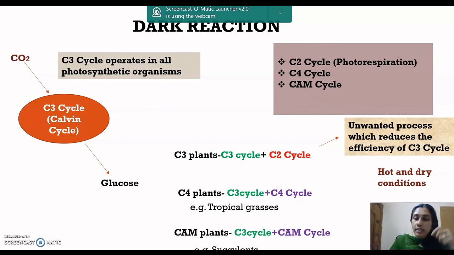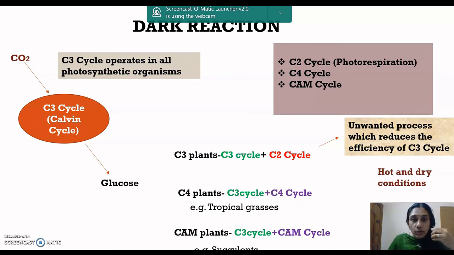So here a CAM cycle is operating along with C3 cycle as an adaptive cycle to increase the efficiency of C3 cycle by preventing C2 cycle. We know desert plants are also living in hot and dry conditions during daytime. So through this CAM cycle, they can prevent photorespiration and increase the productivity of C3 cycle.